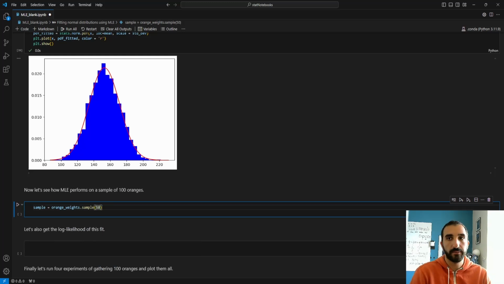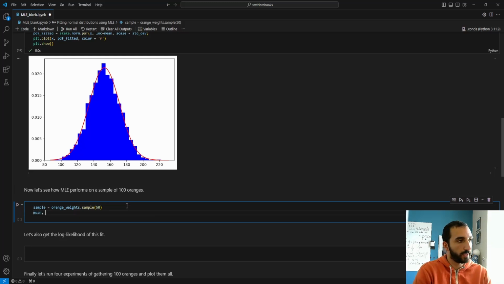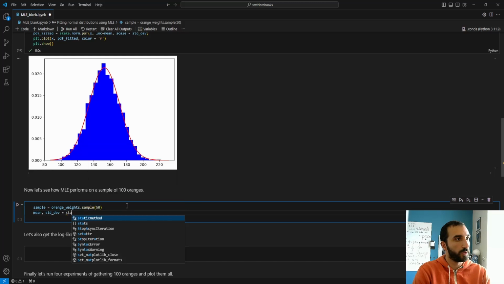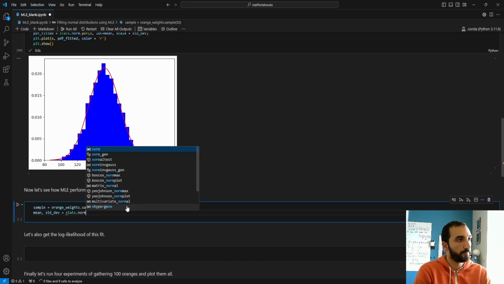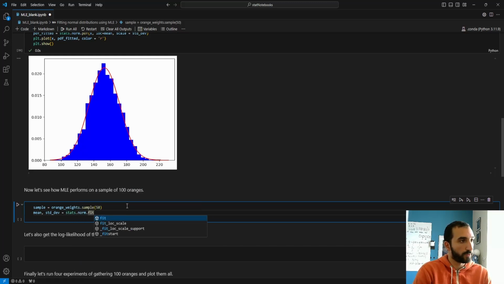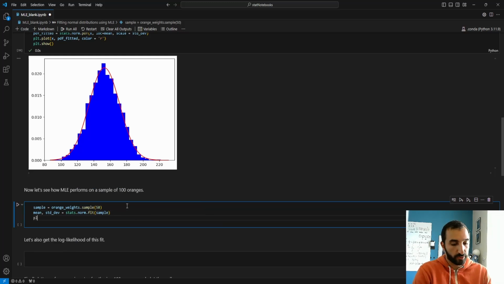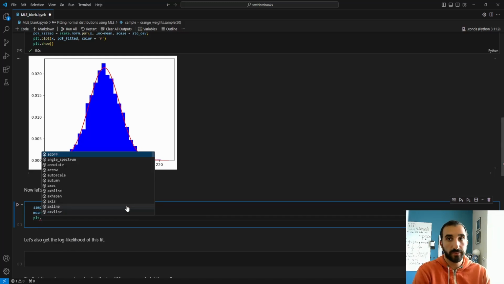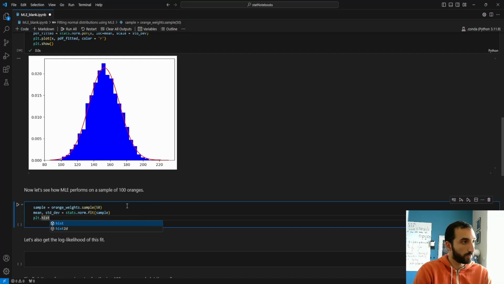Let's go ahead and take 50 samples. And we'll fit a normal curve as before to now this sample. All right, and we'll do some plotting. Let's plot all of the data and also the sample data.